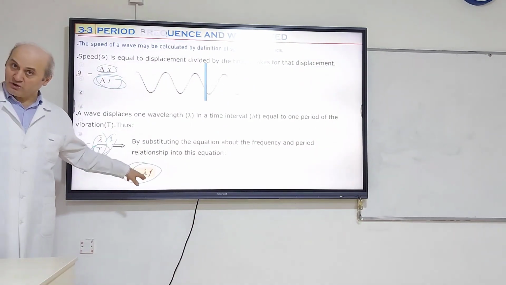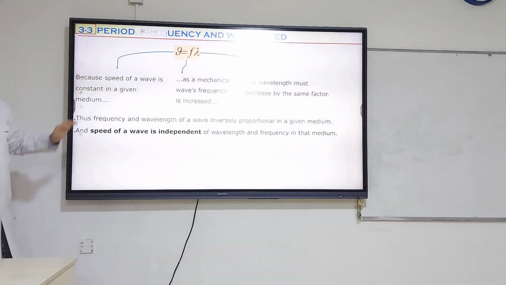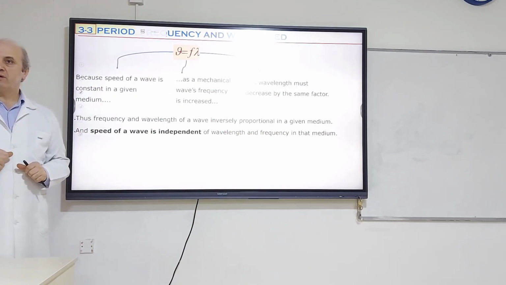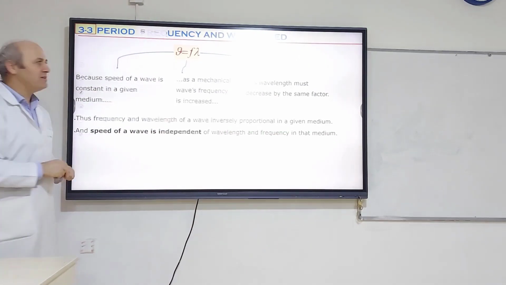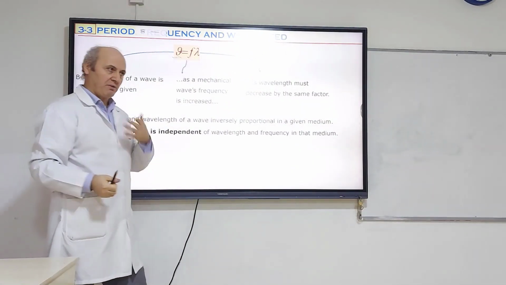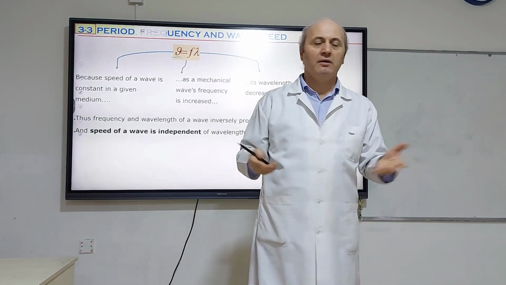I asked several questions about just this. For any given medium, if there is no change in the medium, same medium, what is constant? V is constant. In air, for example, when I was talking in this area, my sound has the same speed everywhere.